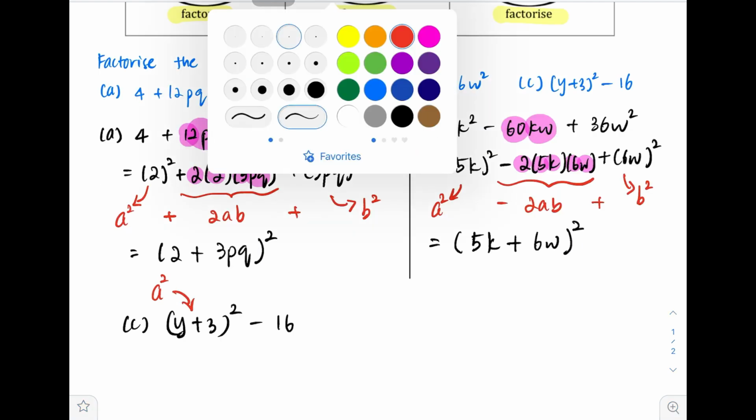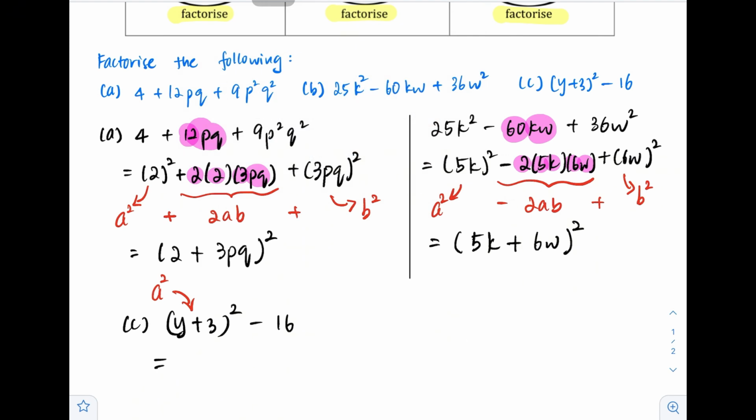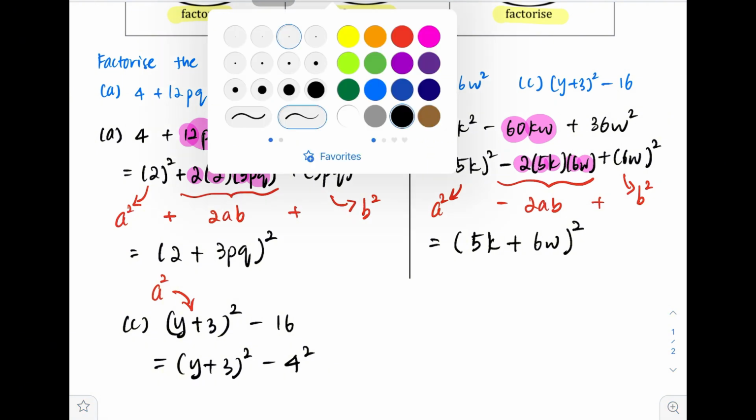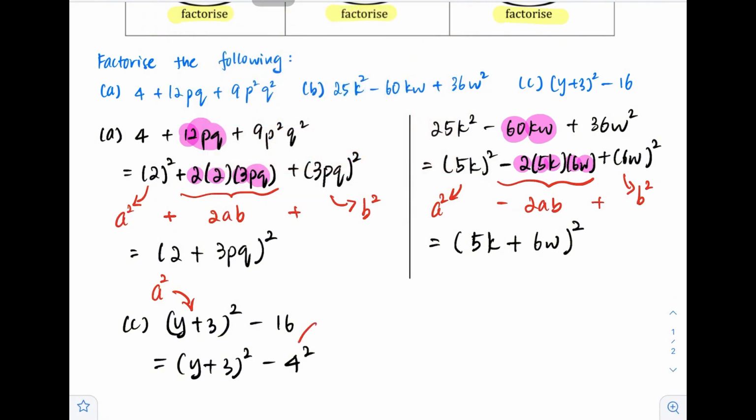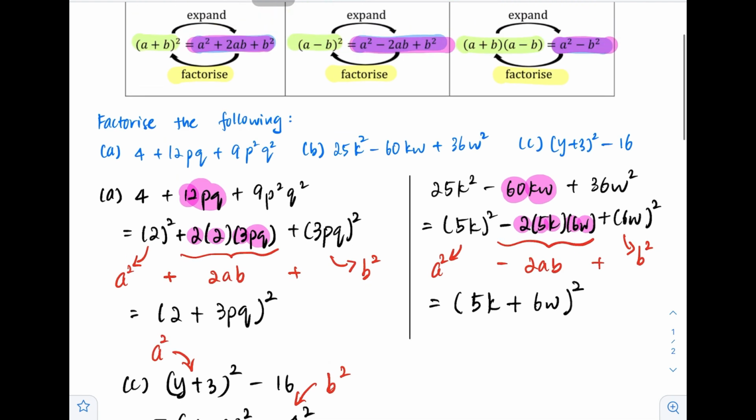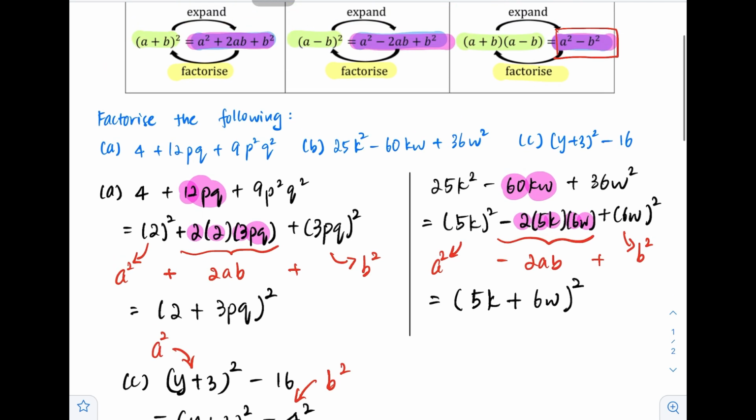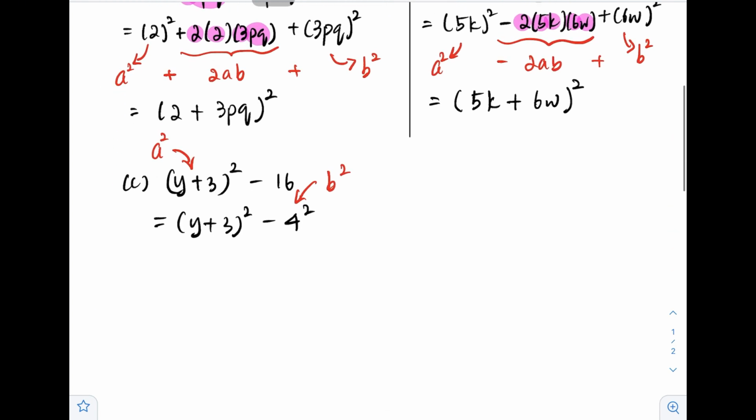We can actually rewrite our 16 as 4 squared, right? So therefore, our 4 squared will be the b squared. So that's our a squared minus b squared. So to factorize this, we need to write it as (a plus b) times (a minus b).